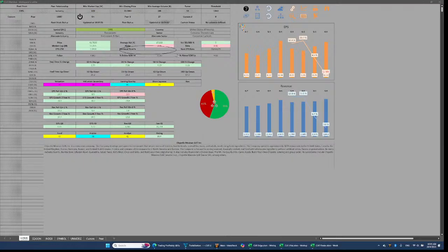CMG also does not have any dividend, but I am looking at the insider buying much more aggressively. It has robust earnings quality, and then I am looking at the charts. Let's look at the charts.